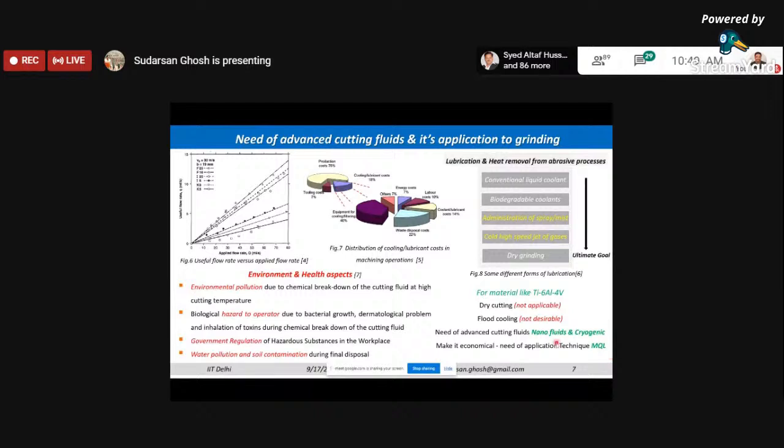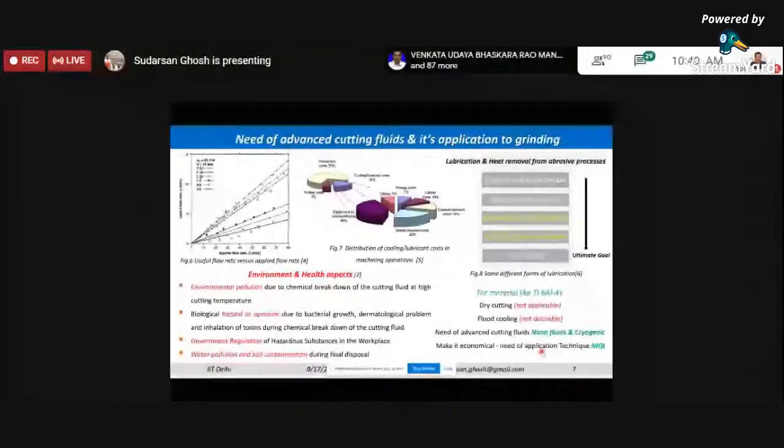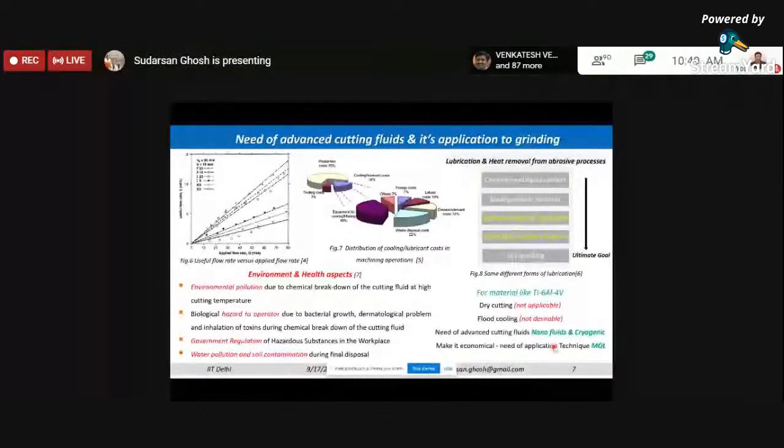But with these nanofluids or the cryogen, economy becomes a concern, because as you can see, the cost is a restriction. So nanofluids you cannot use in a voluminous manner, or in what we normally call flood cooling, which we normally do for our machining or grinding activity.